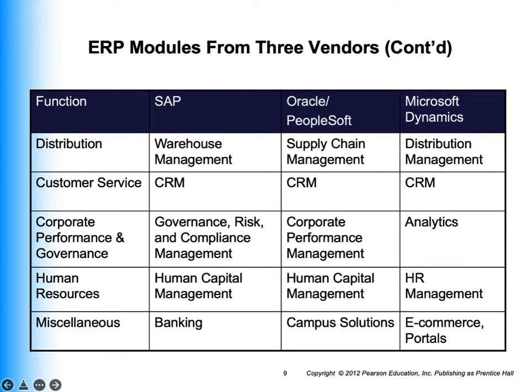So continuing, distribution, warehouse management, supply chain management, distribution management, customer service, customer resource management, corporate performance and governance, risk and compliance management, corporate performance management, analytics, HR, human capital management, and other miscellaneous, banking, campus solution, e-commerce portal. And most of the items are able to be integrated into your e-commerce.